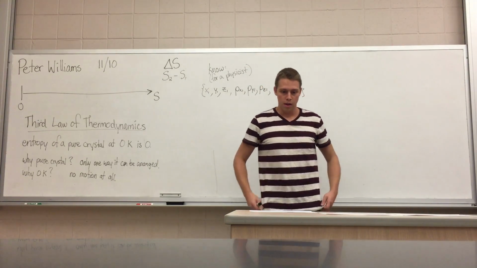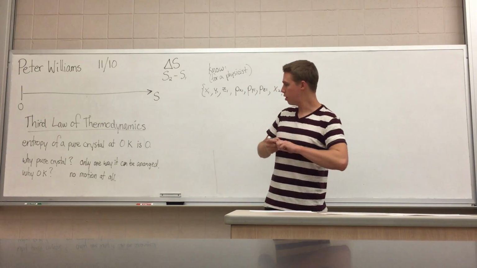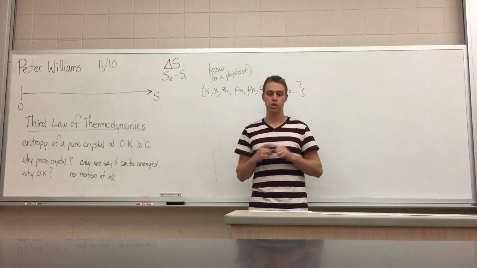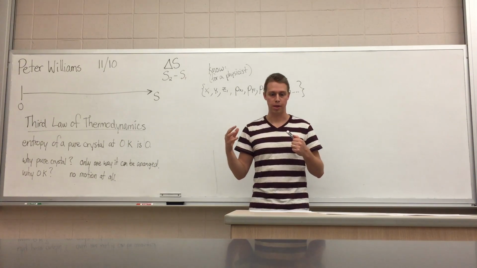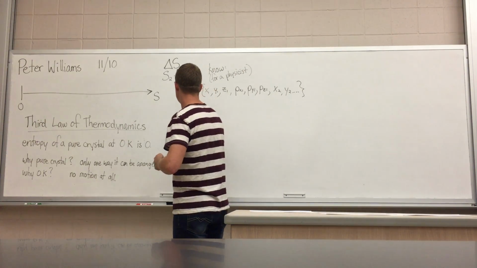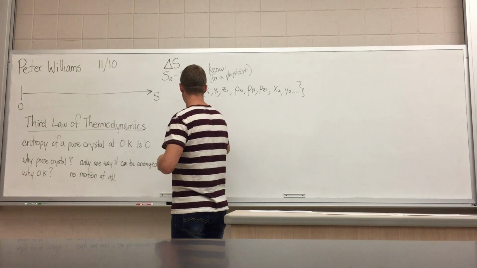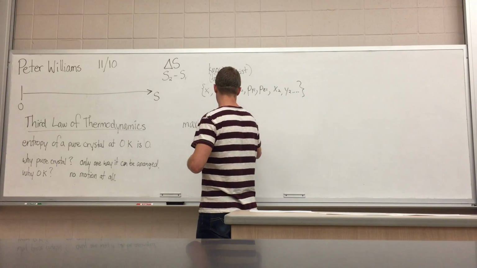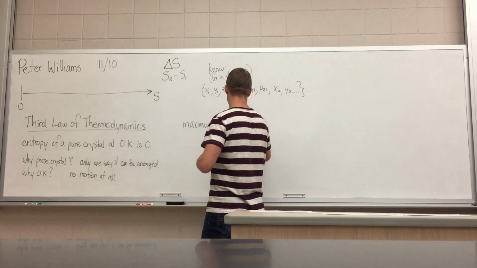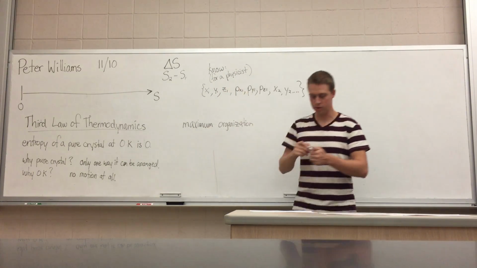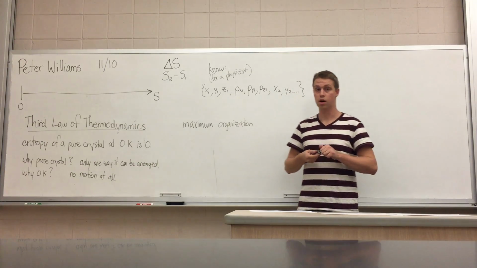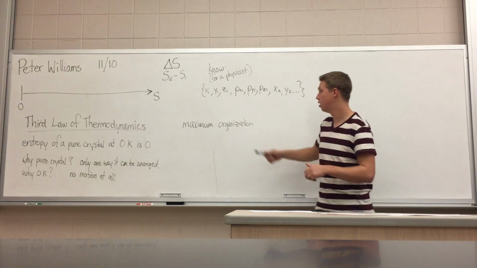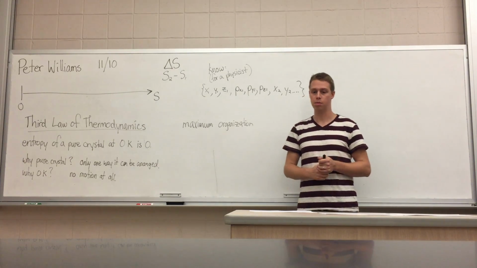Okay. Now, this means that we've fulfilled both of our intuitions about what entropy should be. First of all, we have maximum organization. Those particles in a perfect crystal are at 0 Kelvin, so they're not even moving, they're just sitting perfectly still, and are as organized as they can possibly be.